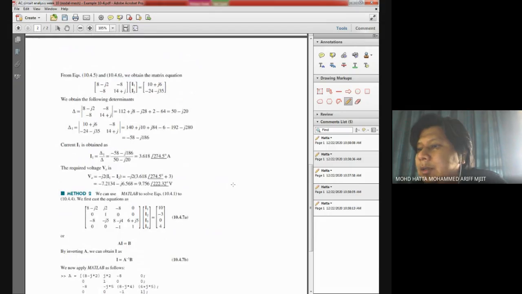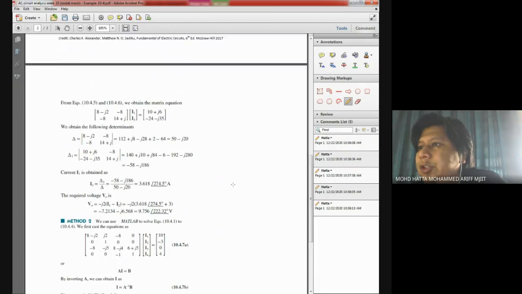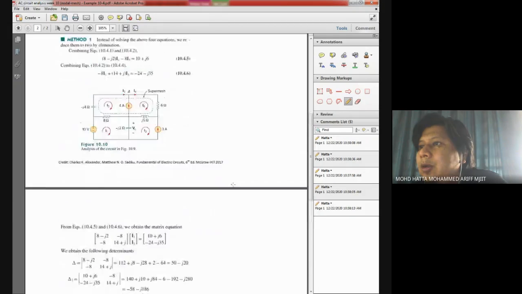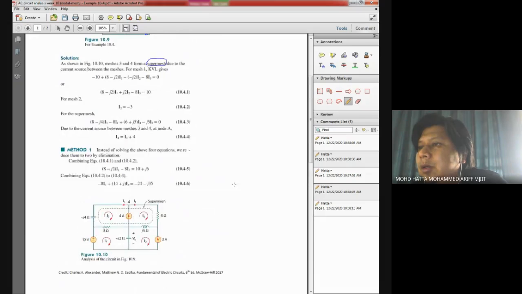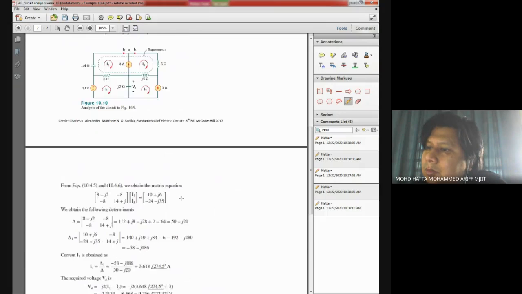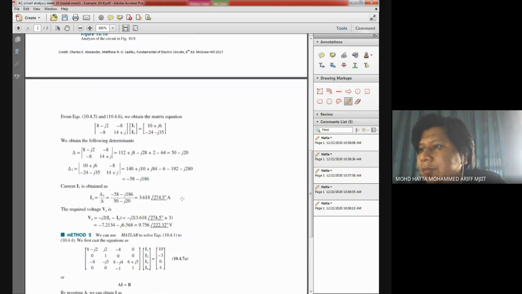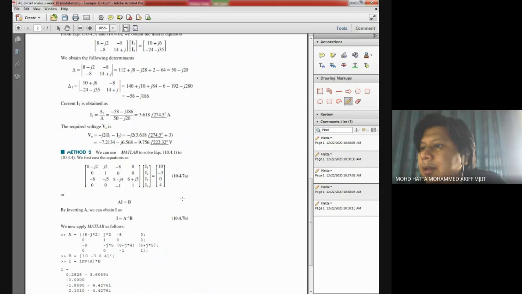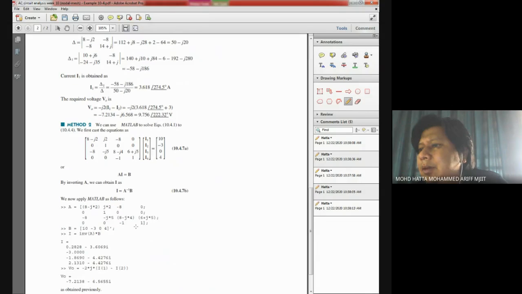I think the solution over here tells us how to solve your mesh analysis using method number 1. I think this one is manual calculation using Cramer's rule, and this one is by using MATLAB.